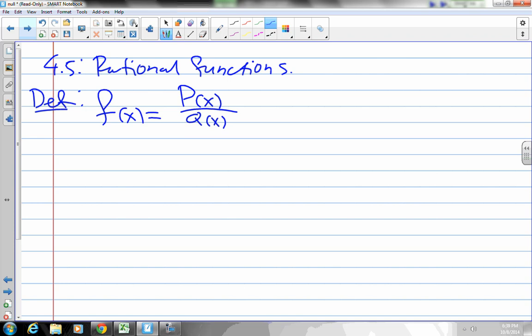So you have a polynomial in the numerator and a polynomial in the denominator. No square roots, none of that nonsense.